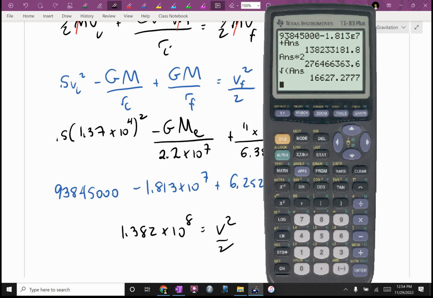Do you get an impact speed of 16,600 meters per second? Now, if I've made up good numbers, I do know that it should be faster than Earth's escape velocity because you're coming from out there with your own velocity and you'll gain all the energy that you would need to leave Earth coming back to the Earth. So 16,600.